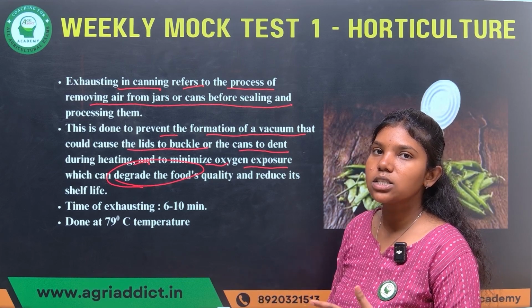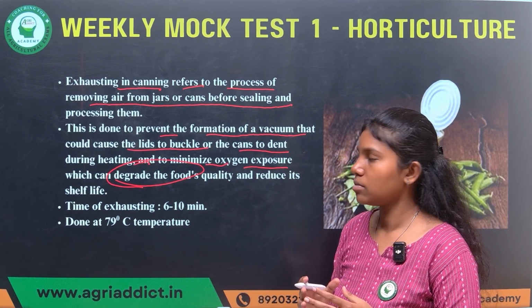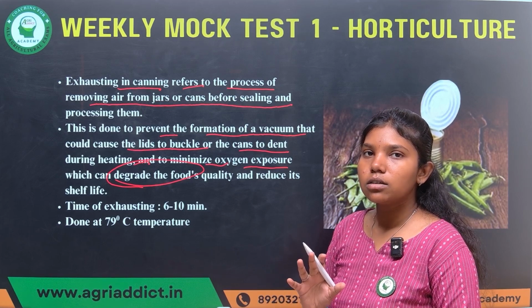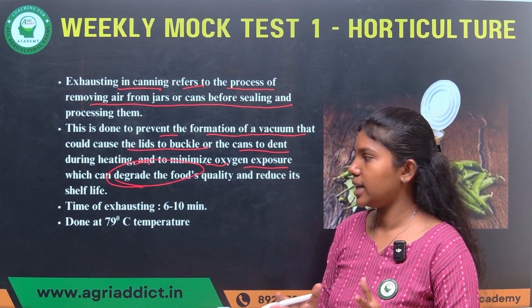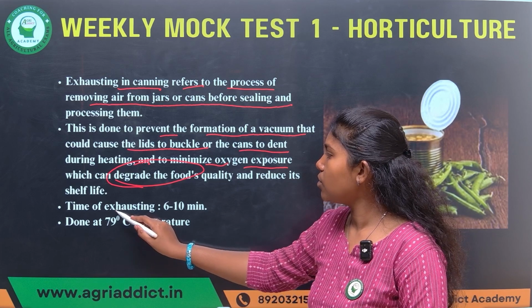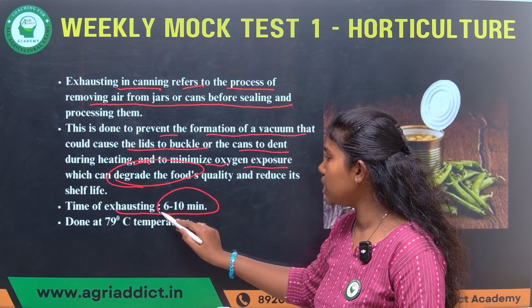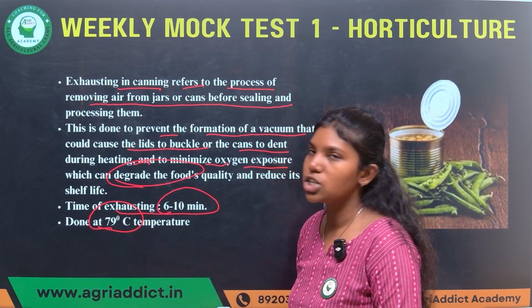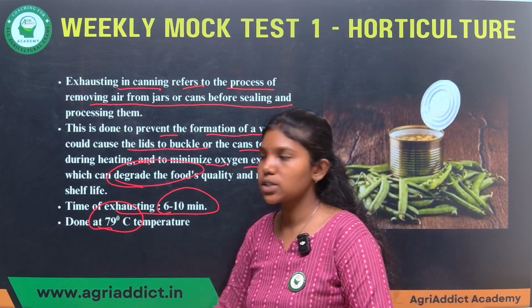Therefore, exhausting is done to prevent spoilage and maintain the structure of the can. Time for exhausting is about 6 to 10 minutes. Then it is done at a temperature of 79 degrees Celsius. We'll go to the next question.